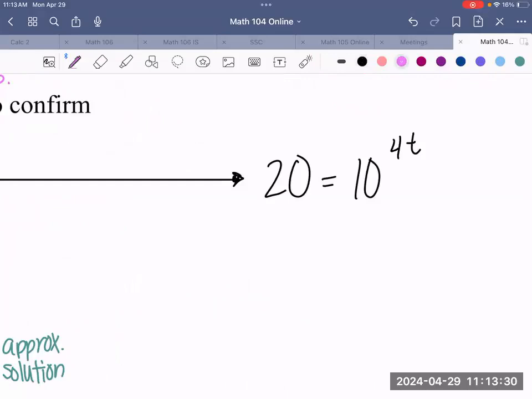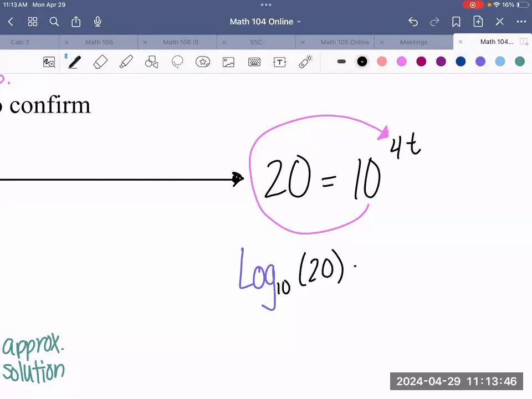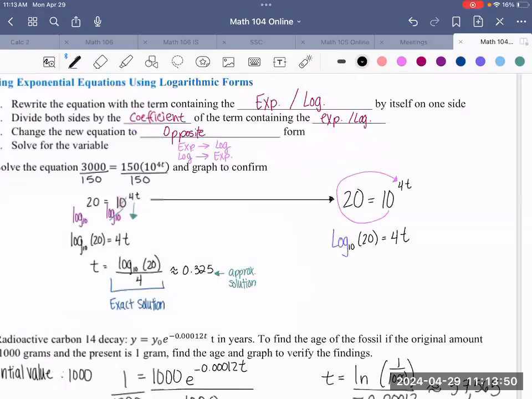And that swoop method we talked about goes from your base up and around to your exponent, where we now need to remember to write a log of your base. Log 20 is equal to 4t. And then continue as normal.